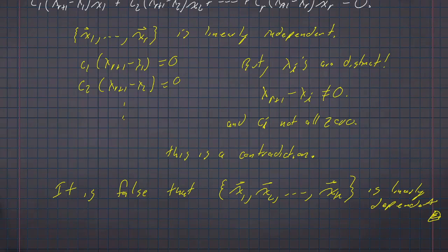It is false that that set of vectors is linearly dependent, and the only thing that leaves is that that set of vectors is linearly independent.